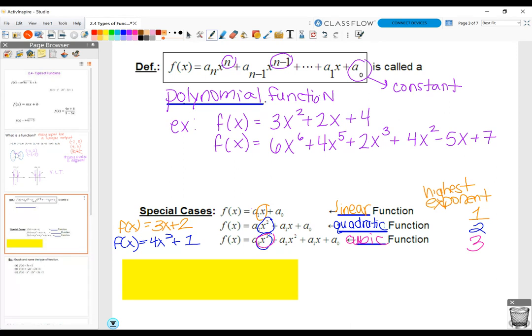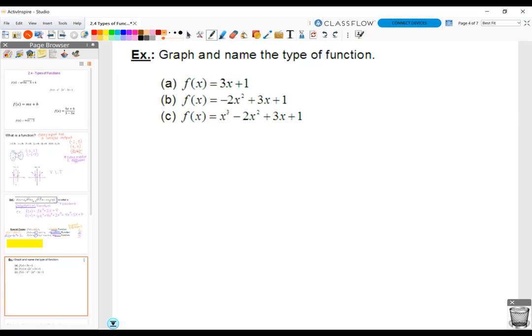Okay, so these are the 3 different special cases when we talk about polynomials. Let's take a look at 3 different examples. We're going to graph and name them. If you have a graphing calculator, I encourage you to graph them first and see if you can figure out what they are based on the picture. But I'm just going to quickly sketch them so that we can review them. Letter A, my highest exponent is a 1, so this is a linear function, and that's going to look like a straight line.